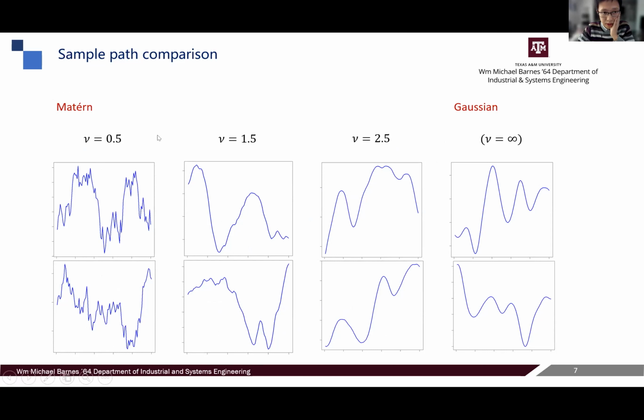Let's consider smoothness. For example, you can see that if you choose this smoothness parameter to be 0.5, you will see very rough functions. This is the 1D case. If you increase this number, the function realizations become more and more smooth. And this is the smoothest case, an infinitely smooth case.